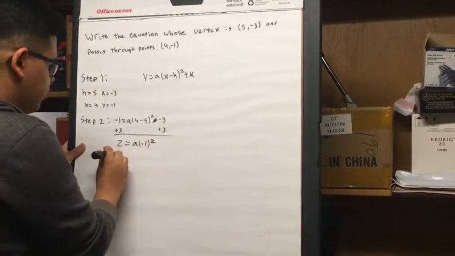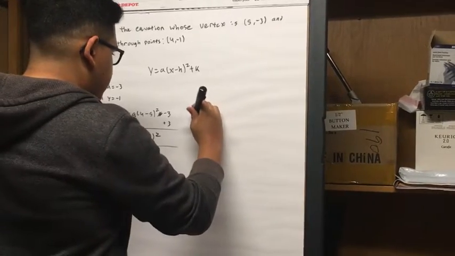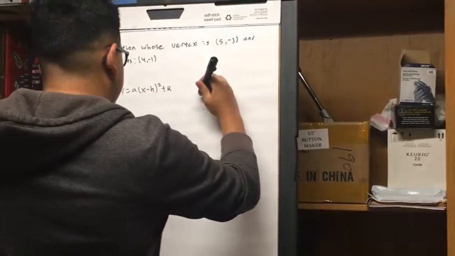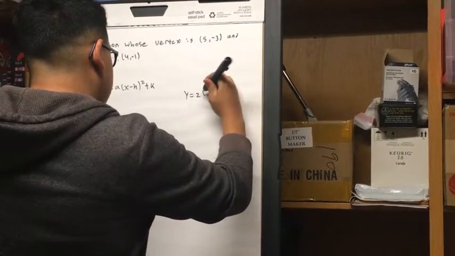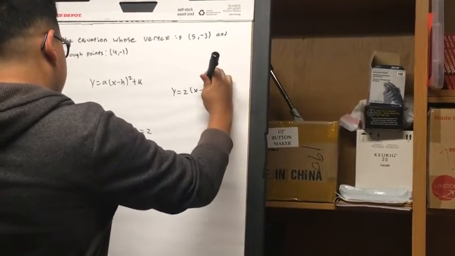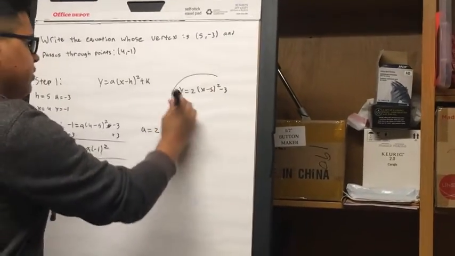Negative 1 squared is going to be equal to 1 anyways. Divide both sides by 1. A is going to be equal to 2. And you're going to replug that back into the equation since you already know what A is equal to. Y is equal to 2 parentheses x minus 5 squared minus 3. And that's your solution.